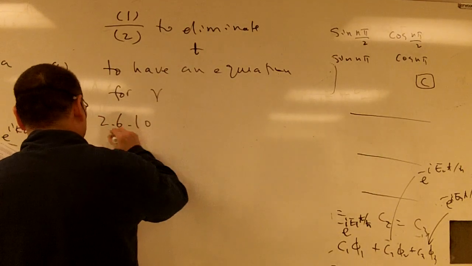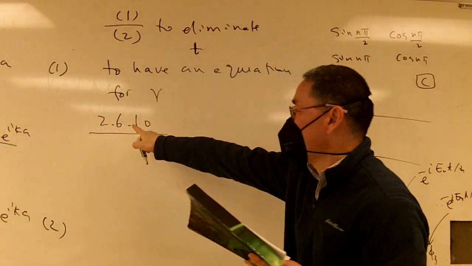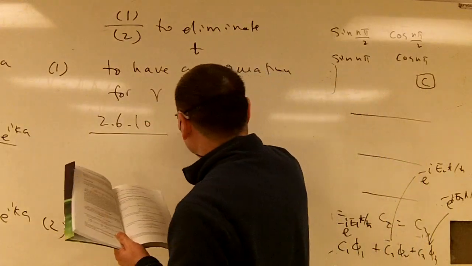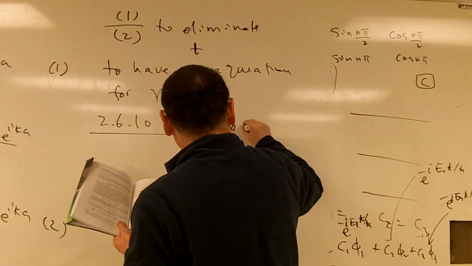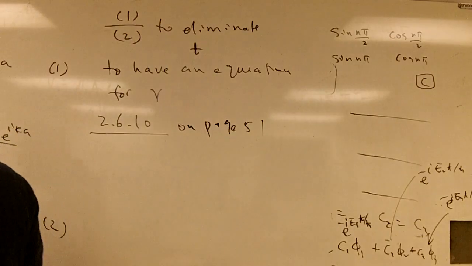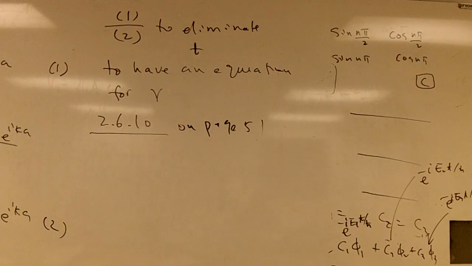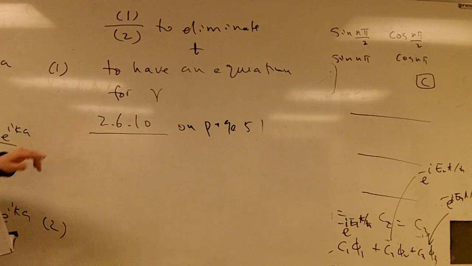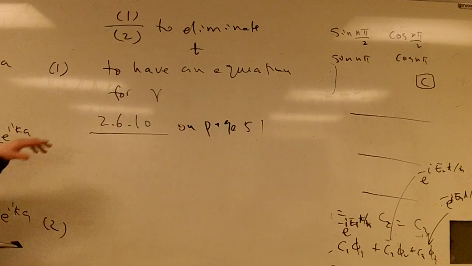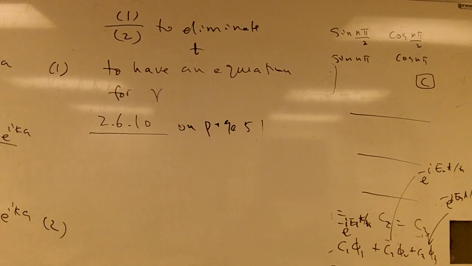If you have the book, this is equation 2.6.10 on page 51. So this is the equation we are talking about. Do you find this equation? It's a very lengthy equation, and I'm not going to write it down.